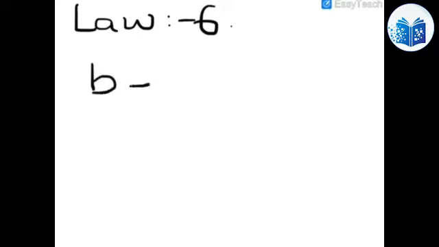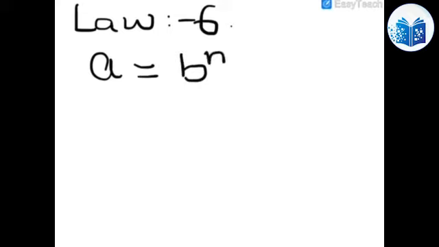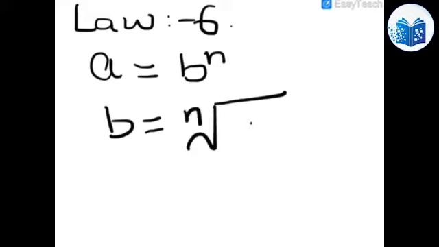We just say that this is actually the law, right? If a is equal to b power n, then this b will always be equal to the radical expression of that number.